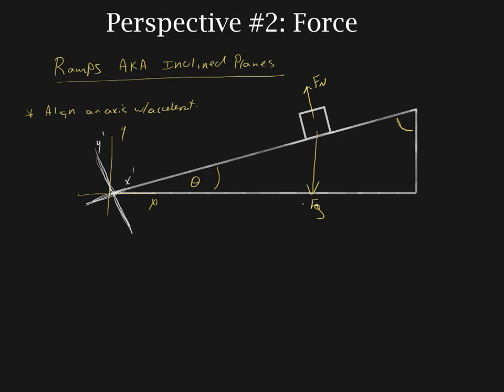This goes back to the idea I've been saying since the very beginning: you get to choose your coordinate system. In this case, we choose to make our coordinate system parallel and perpendicular to the ramp. That has a practical purpose, which I'll explain again in a couple of minutes.